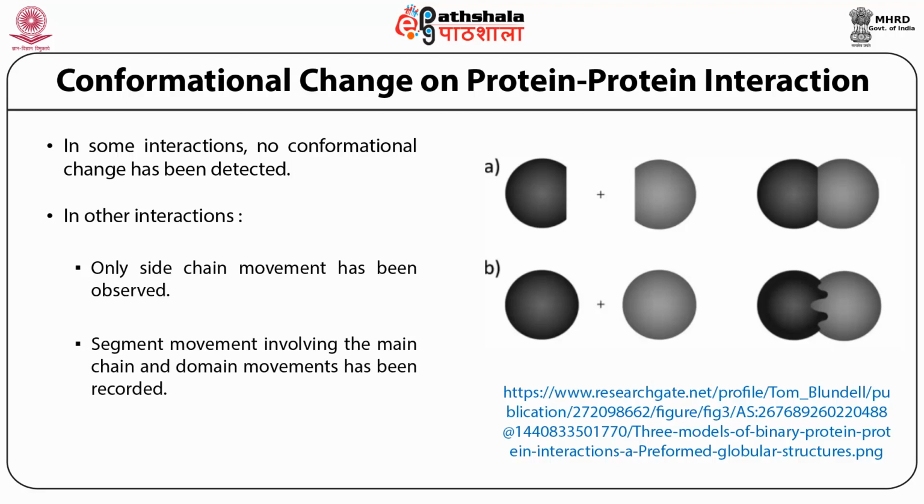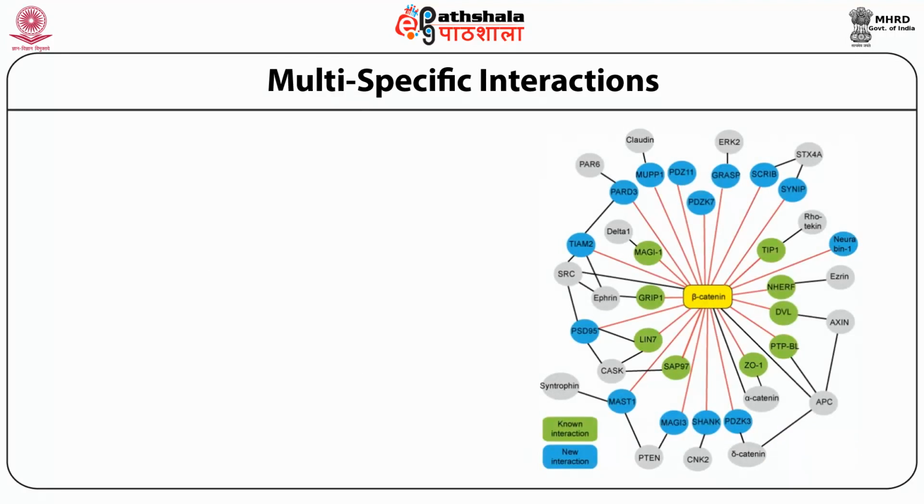So it cannot be determined a priori. We cannot just look at two proteins and say this is how they're going to be interacting and this is what is going to happen. Rather, you have to determine experimentally what happens to the conformation of the protein or both the proteins on interaction.